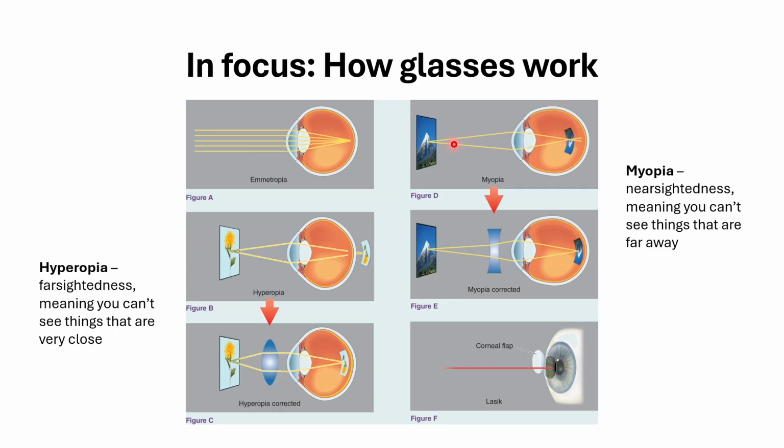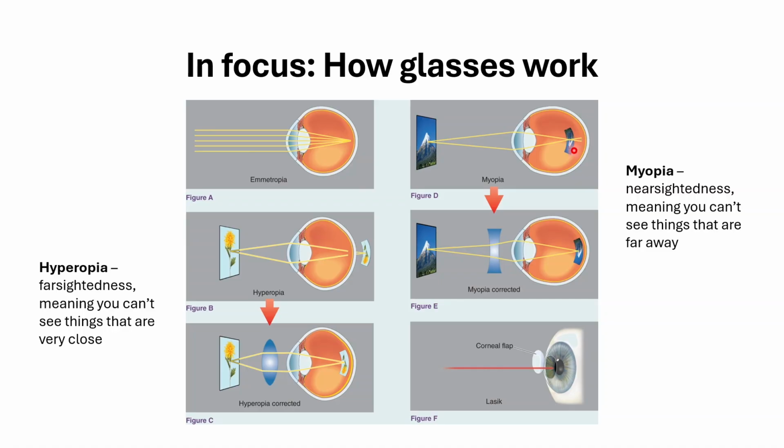That means the light coming from any object that we're looking at actually converges ahead of the retina. So there would be an in-focus image, but it's not landing on the retina where it should be, it's landing in front. And so, of course, by the time the light gets to the retina, it is now out of focus, because the light needs to be converging at exactly the right place.